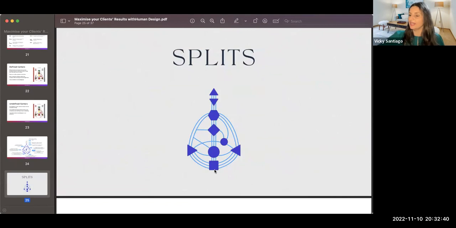Now, splits is, as I say, if you're starting to get a bit of an interest in human design and you go down the rabbit hole on Google, you'll probably find quite a bit in there about centers, about type, about strategy. You might not find quite as much about splits, but I wanted to include it tonight because, as I mentioned earlier, this is the thing that really clicked everything into place for me.